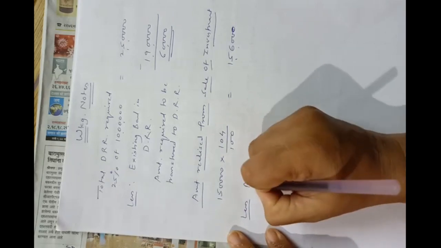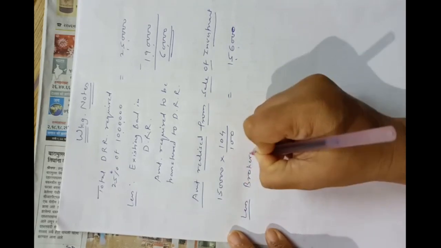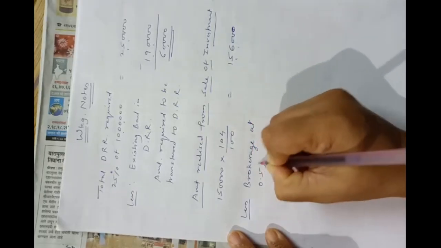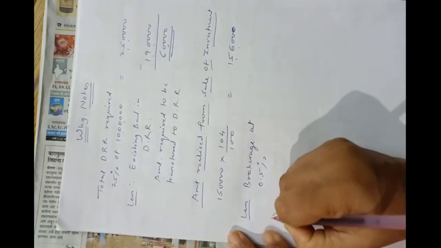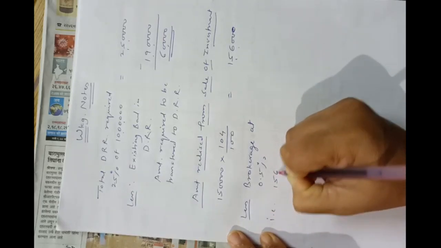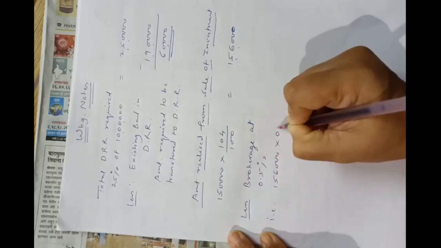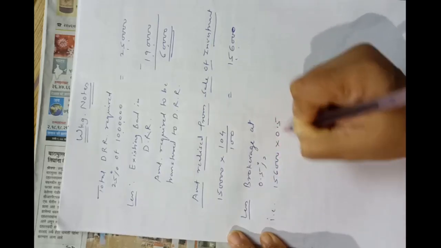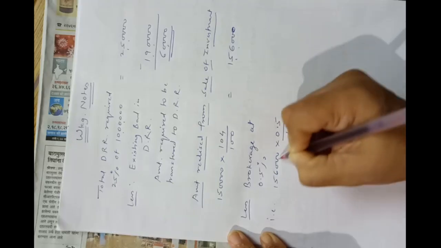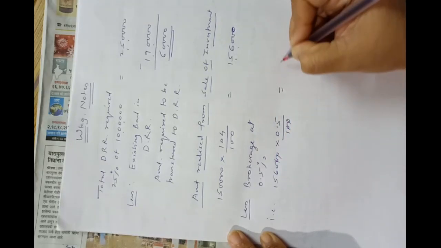So less brokerage at 0.5%, that is 1,56,000 into 0.5% means 0.5 upon 100. Okay, so the amount is 780.